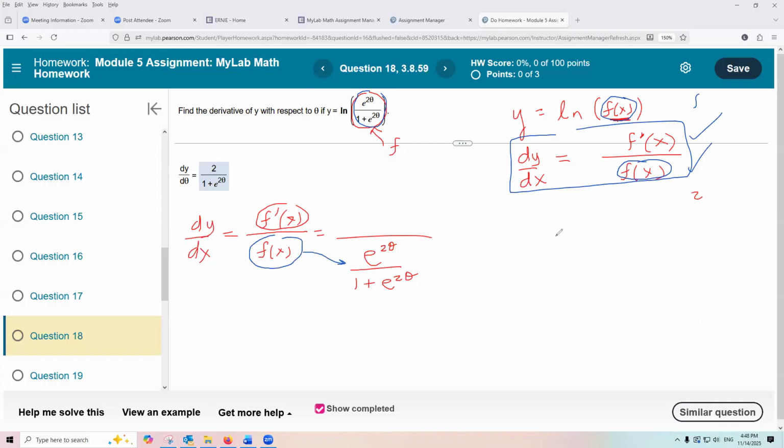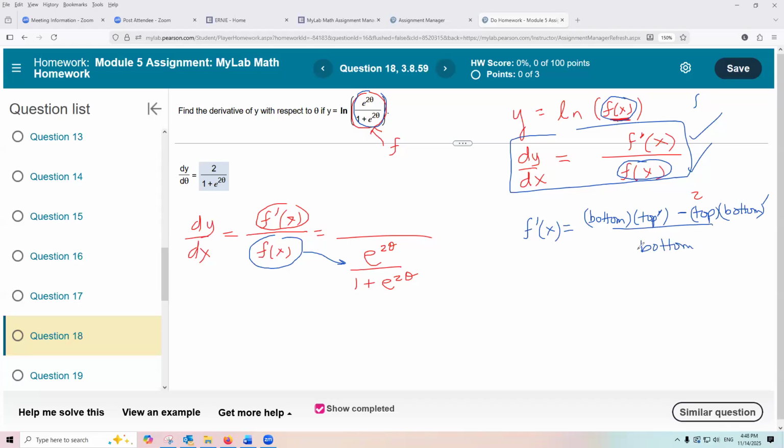Now we need the derivative. All right, how about f prime? Well, let me write down the quotient rule. The quotient rule says take the bottom of the expression times the derivative of the top, that is top prime, minus the top times the derivative of the bottom, all over the bottom squared.